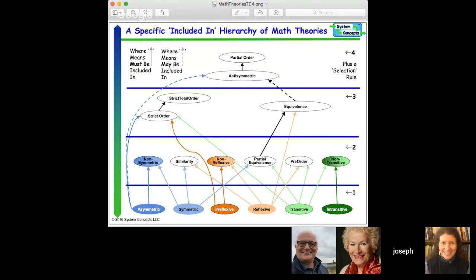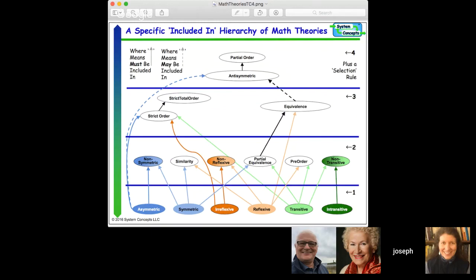Yeah, okay. I think I'm beginning to understand what you're saying. There are a couple of different issues here. One is the organizing of the math theories. The other is what we are applying these math theories to.